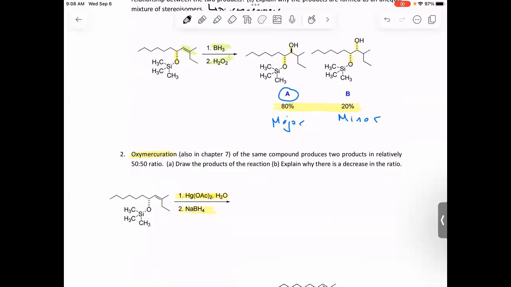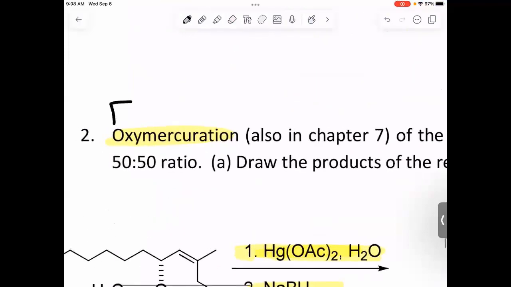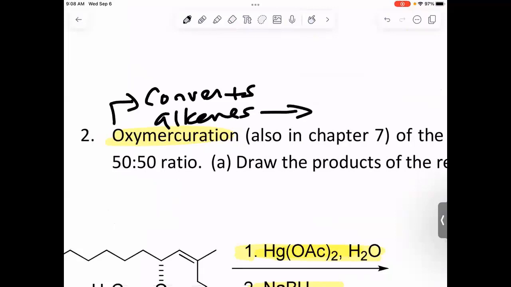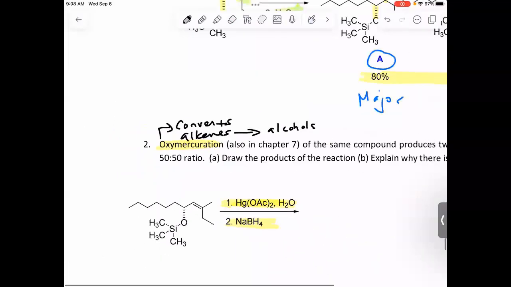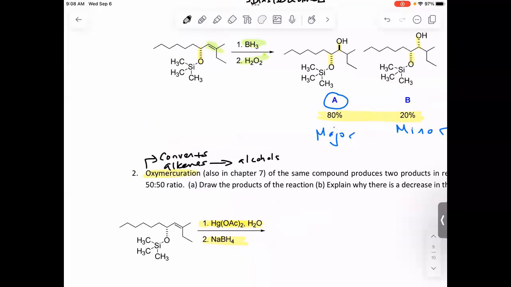It's a way to convert, let me zoom in on that, alkenes into alcohols, right? There's a difference in this reaction, though, and there's a word that we learned in part 1 dealing with this reaction that describes the difference in the outcome.